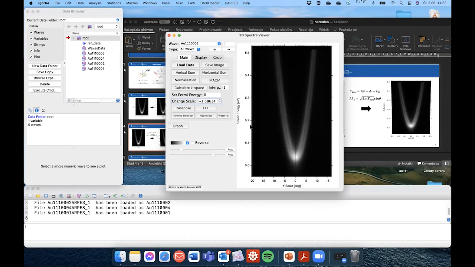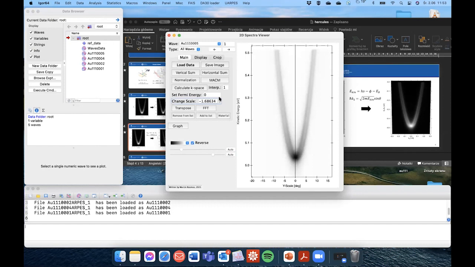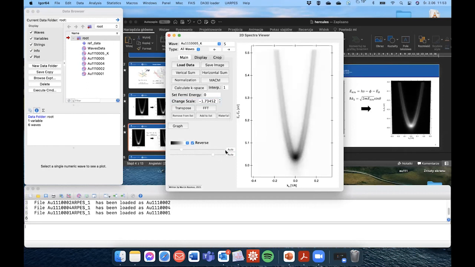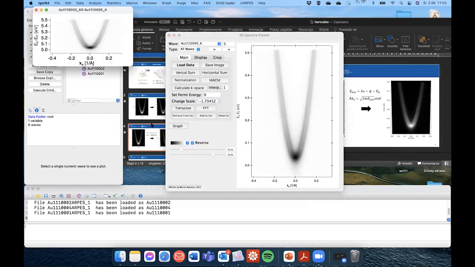So the symmetry line on this spectrum is somewhere here. And after that, we can just calculate the K-space. And basically that's all. So we have transformed our raw data to the data in K-space.